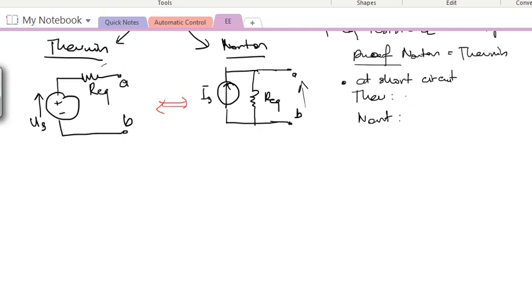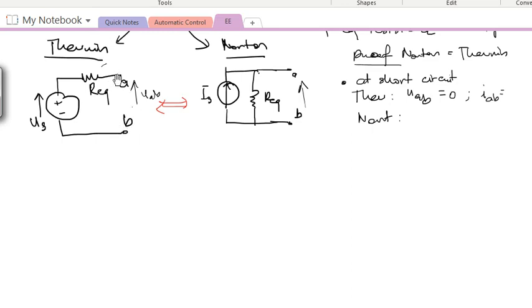So voltage at AB, when AB is short circuit, what is it equal to? When we look at the circuit, when it is short circuit, UAB in this condition means A and B are basically the same points. So UAB equals 0. And then what we're going to measure is IAB, the I that goes across points A and B. If it is short circuit, what happens to the current that goes across between A and B?